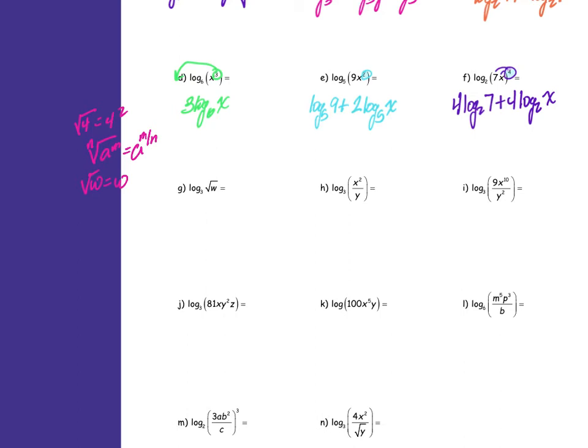So my w is to the first power, my root is squared, so this would be the 1/2. So I can rewrite this problem as log base 3 of w to the 1/2. Now I have an exponent that gets moved in the front, so this becomes 1/2 log base 3 of w.